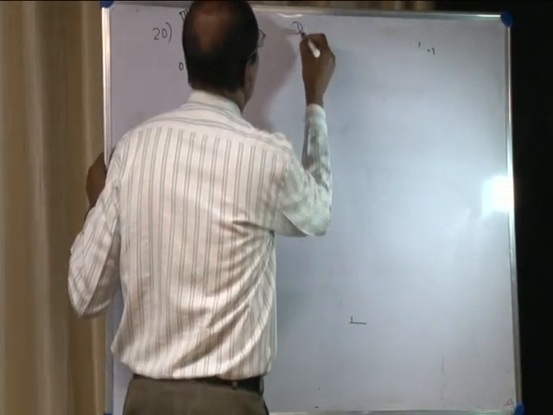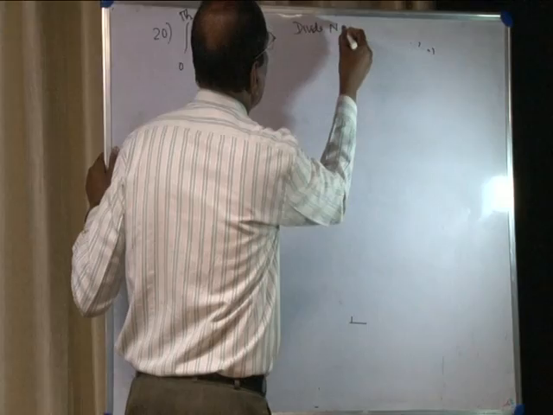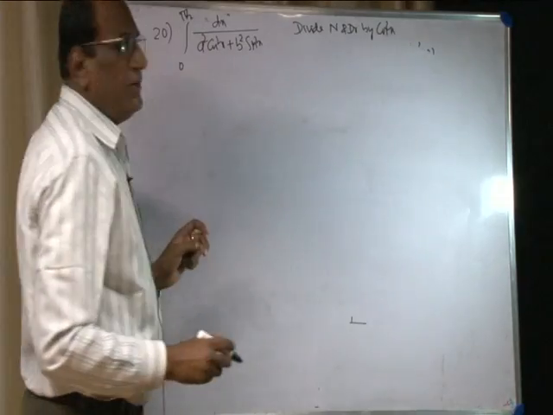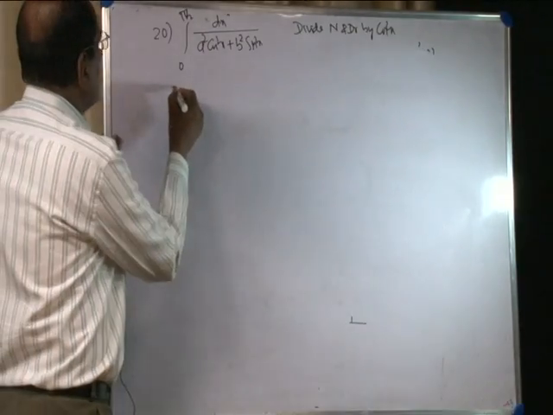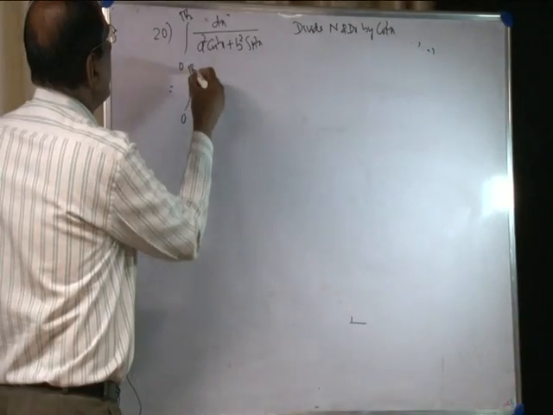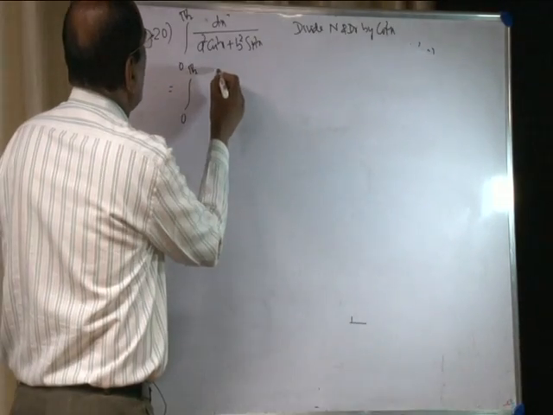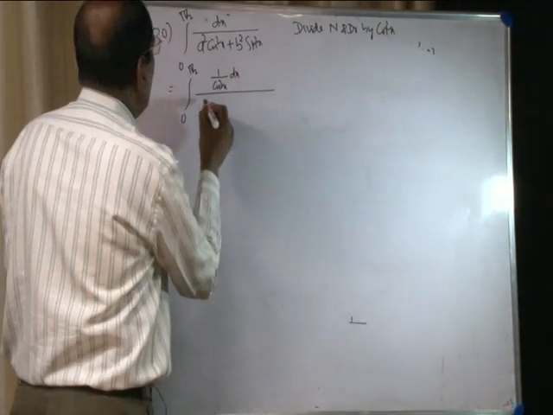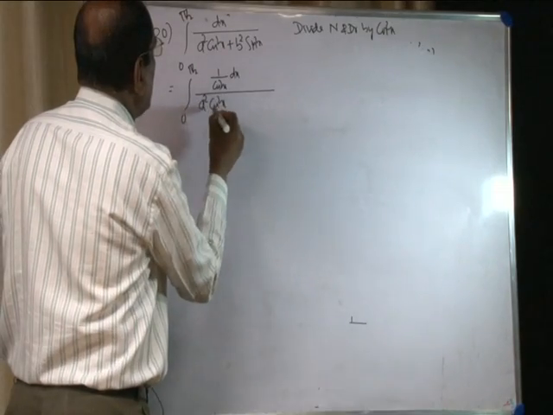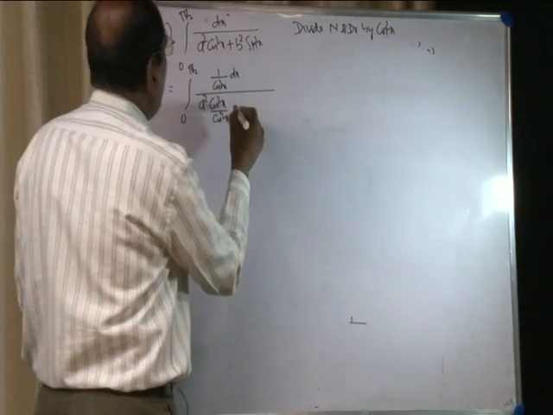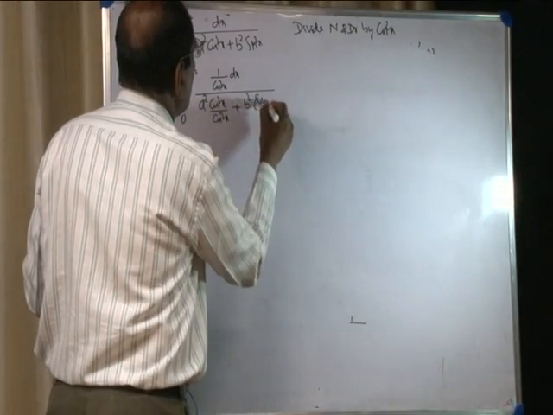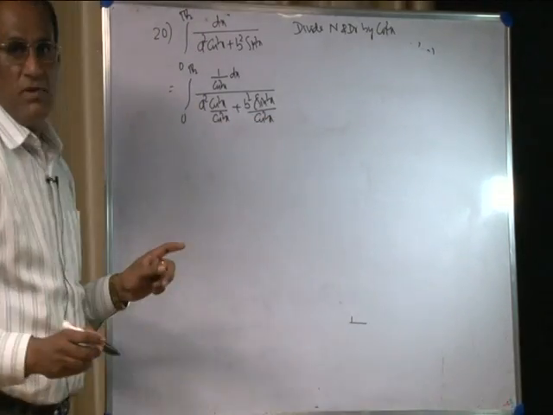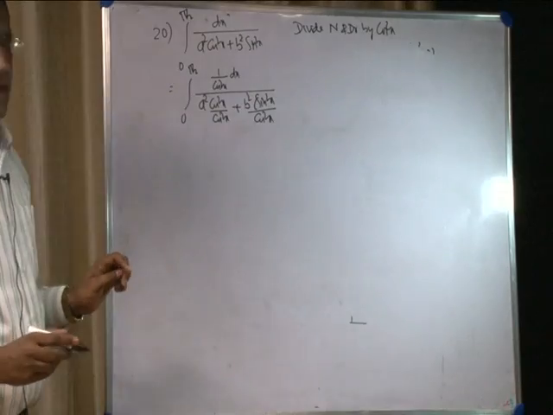So, 0 to pi by 2, 1 by cos square x dx divided by a square cos square x divided by cos square x plus b square sin square x by cos square x. So, I divide all the terms in the numerator and denominator by cos square x.